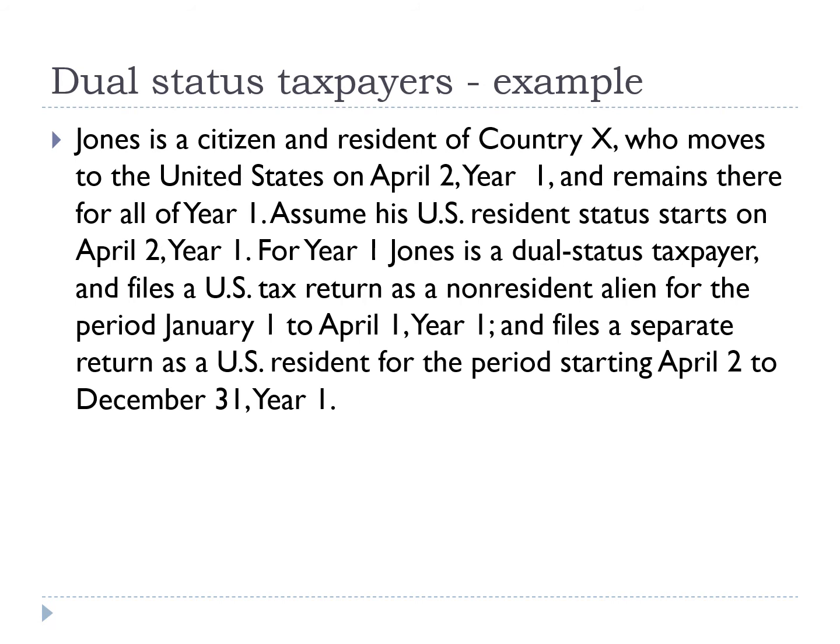For year 1, Jones is a dual status taxpayer and files a U.S. tax return as a non-resident alien for the period January 1st to April 1, year 1, and files a separate return as a U.S. resident for the period starting April 2nd to December 31, year 1.